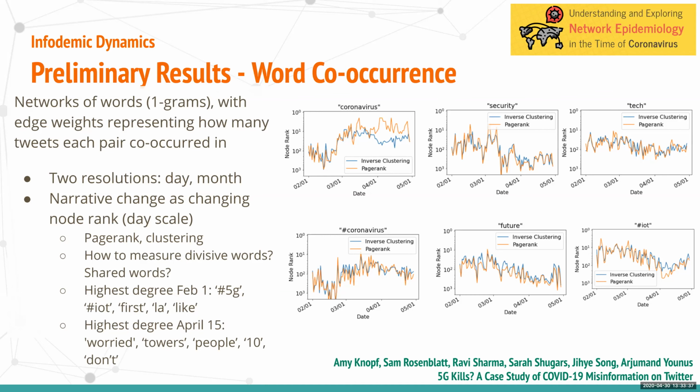So that might tell us something about how people are centralizing around a certain way of talking about a thing in a narrative. Then we also can see things like security and future, which were related to previous concerns before the coronavirus about the security of the 5G system under the Huawei company. And those are taking a downturn.